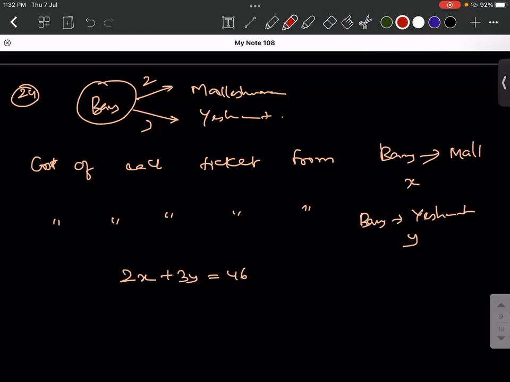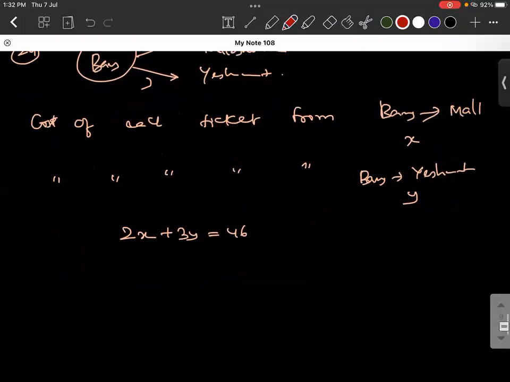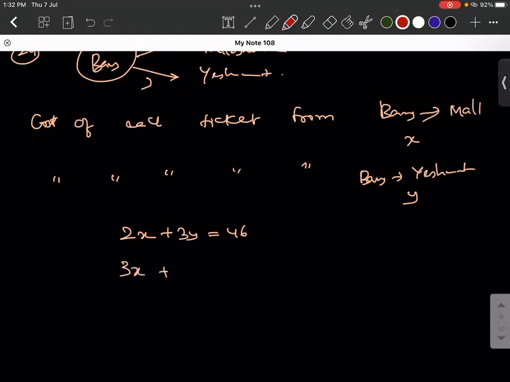Impossible. But if you buy 3 tickets to Malleshwaram and 5 tickets to Yeshwantpuram, the total cost is 74. So 3x plus 5y is 74. Find the fares from Bangalore to Malleshwaram. It's easy.